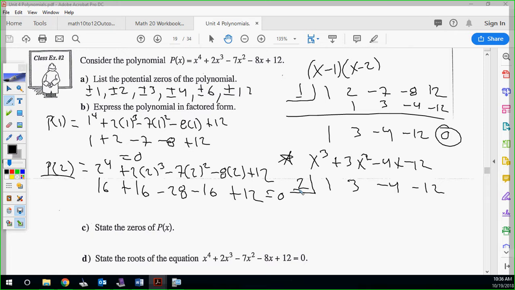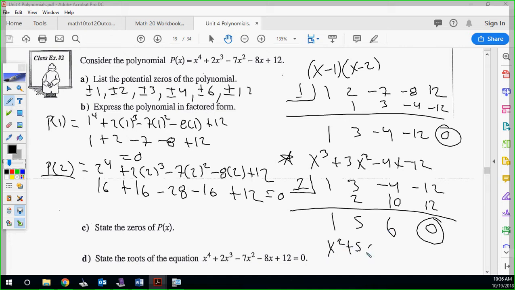Okay, so here we go. This is a positive 2, so 1, 2, 5, 10, positive 6, and 12. Okay, so we're left with x squared plus 5x plus 6, which we're happy because that's a pretty simple one. 3 and 2.